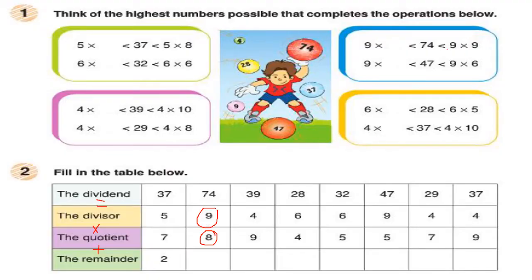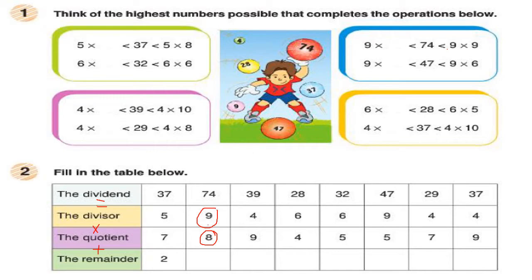Let's start solving exercise number 1. In exercise number 1, think of the highest number possible that completes the operations below. Here you should think about a number less than 37 and a multiple of 5. Why a multiple of 5? Because we have 5 times what?